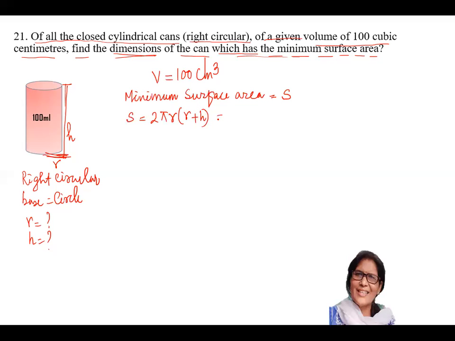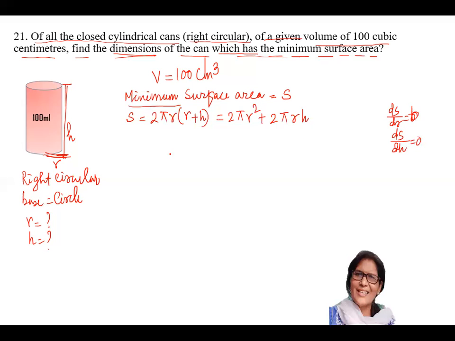I am writing it separately because we have to differentiate it. Anything that is minimum, its derivative is 0. So either I write dS/dr is 0 or dS/dh is 0, not both. You have to convert to one.